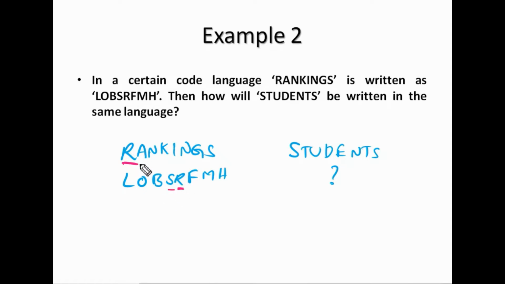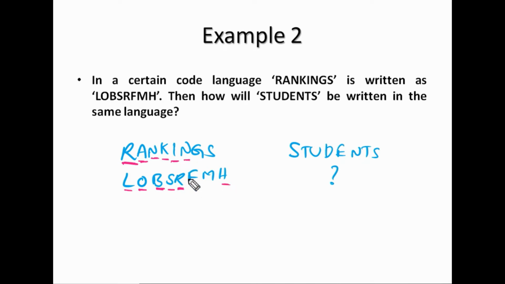Let us verify the next letters. B, A, the next letter is available here. N is nearest to O and it is the next letter. K is nearest to L and it is the next letter only. So starting from the first place, four places are written in the reverse order with the next letters. I: J is not there, but H is there, that is a before letter.